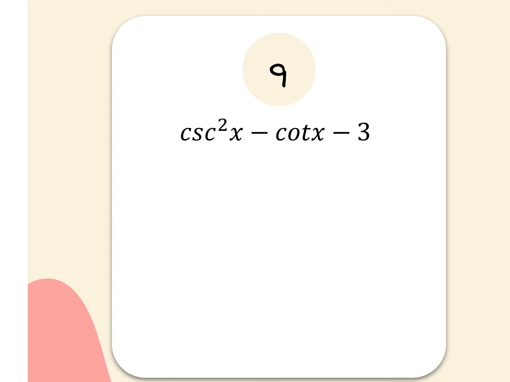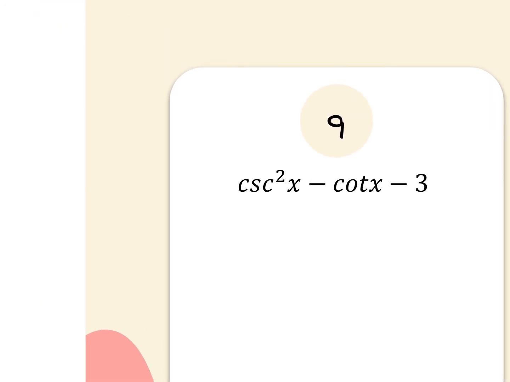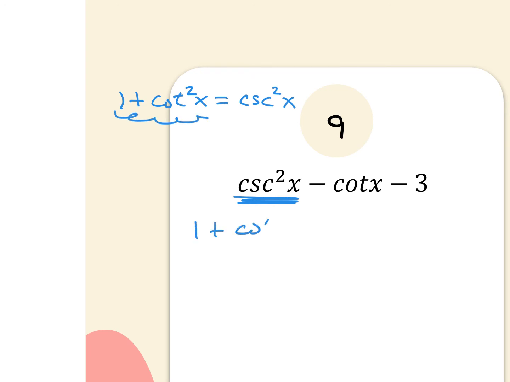However, as soon as I see I have something that's squared, this tells me I'm going to use an identity. And the identity I'm going to use and substitute is going to be 1 plus cotangent squared x equals cosecant squared x. So I can take out this and put what it equals. And then now I have a problem with all cotangents.